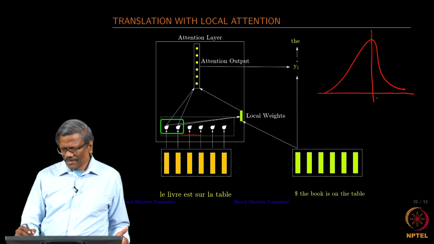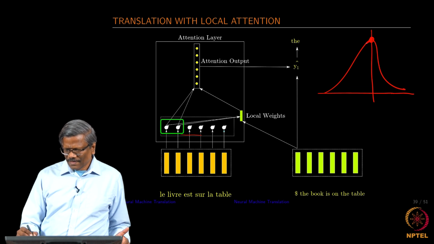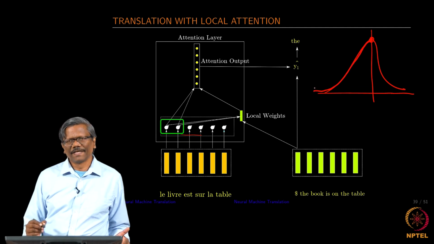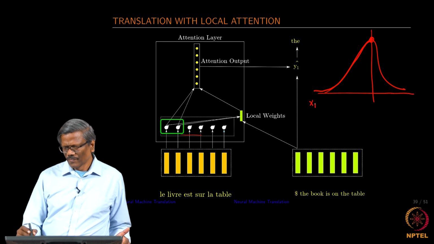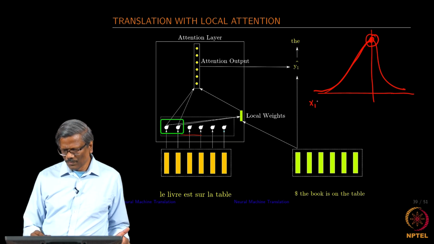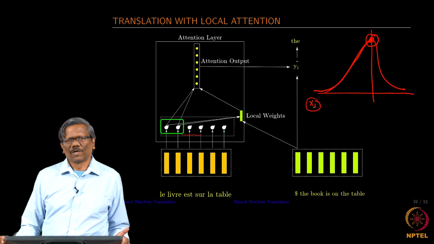You can see that at this time slot you will have a good representation of that particular state of the input, and then slowly and steadily it decays. So, when your word is here, this particular state will not know very much about what is there in the H1.